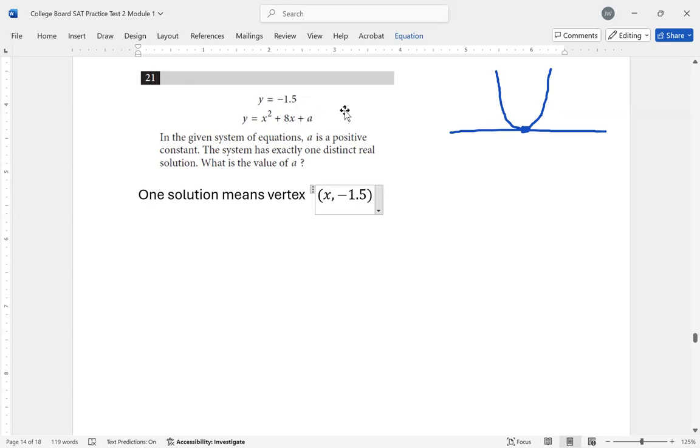Y equals negative 1.5. So there we go. Now, we also know that the vertex has x value of opposite of b over 2a. Well, we can see that the b in this case is 8, so we end up with negative 8.